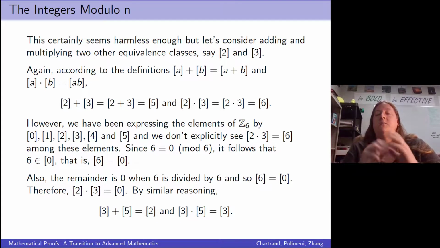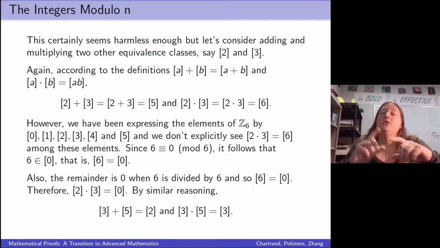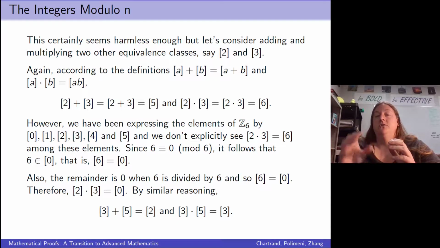Well then, let's multiply. I get the equivalence class of 2 times the equivalence class of 3 equal to the equivalence class of 2 times 3, or the equivalence class of 6. Well, the equivalence class of 6 is not one of the elements in Z modulo 6. But 6 is an element in the equivalence class of 0 in Z modulo 6.